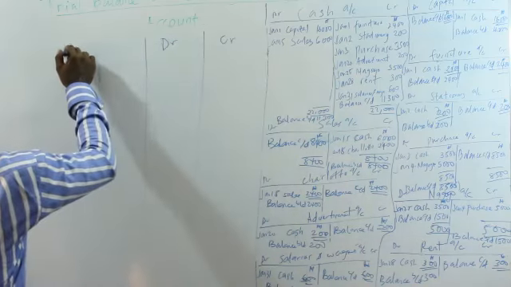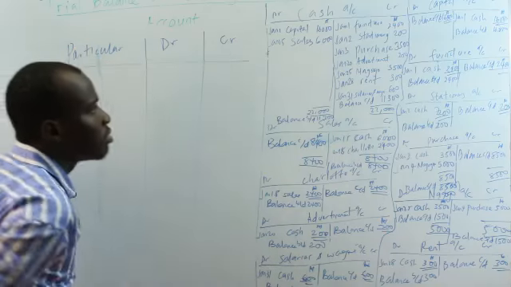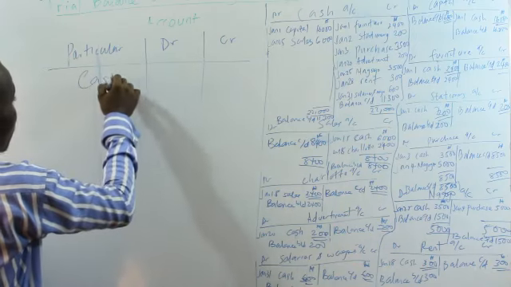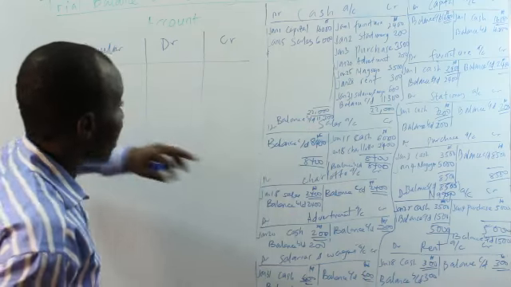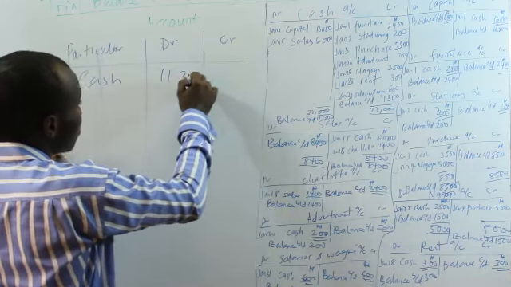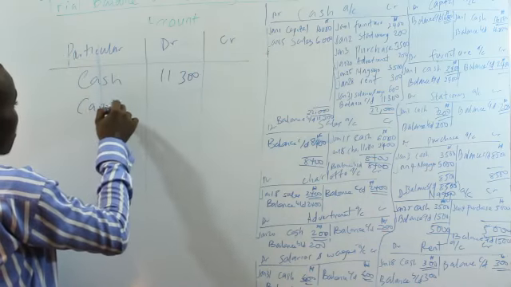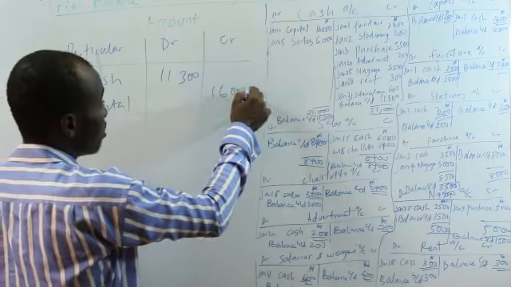So we have particulars. So we have the cash account. What is the balance of cash? That balance is at the debit side, 11,300. So we have the capital account. That gives us 16,000 at the credit side.